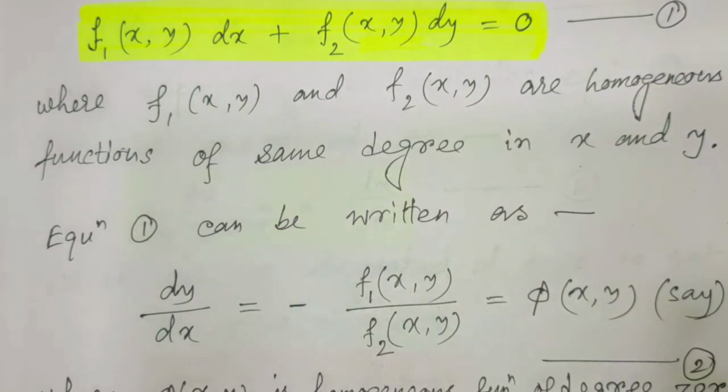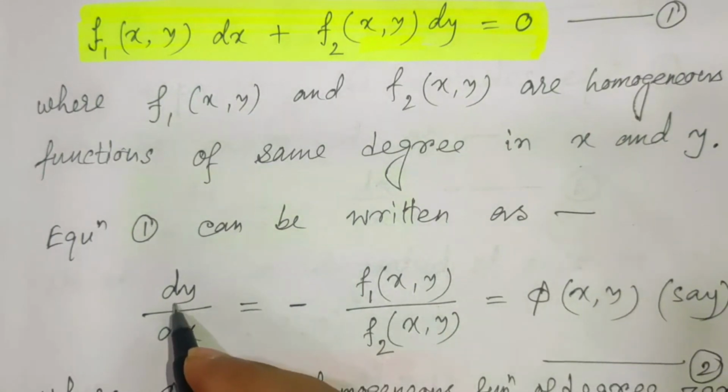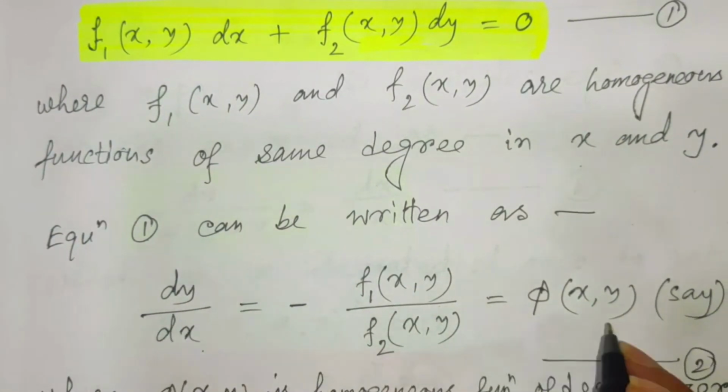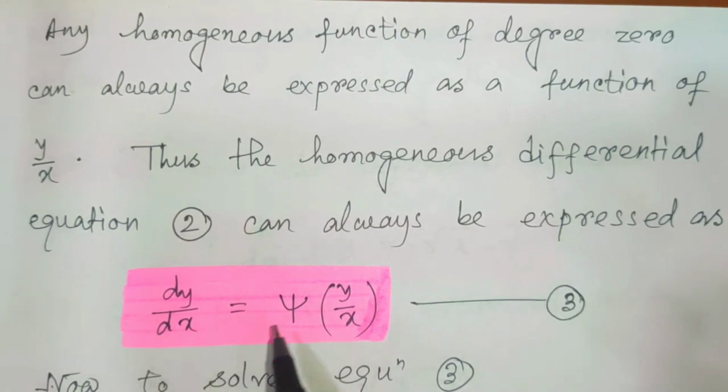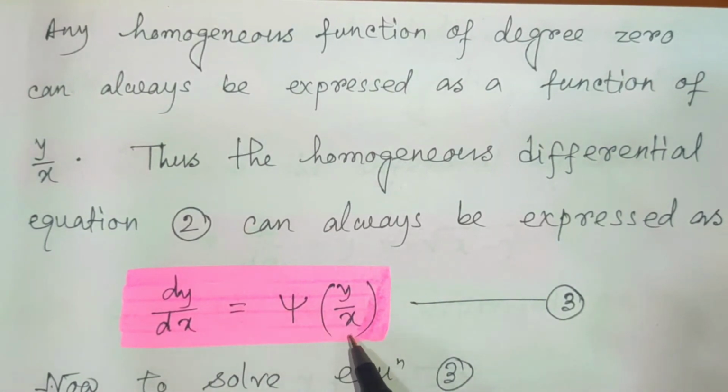It is understood. So after writing dy by dx equals phi of xy, as the function is homogeneous, we definitely can write dy by dx equals psi of y by x. This is the form of a homogeneous function.